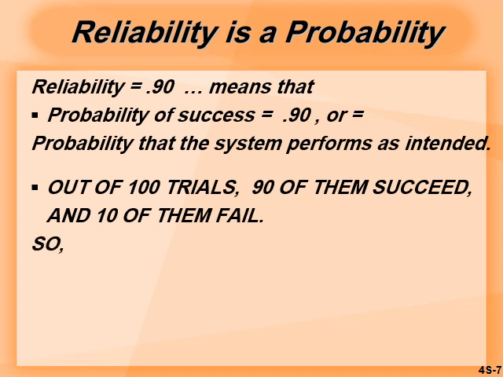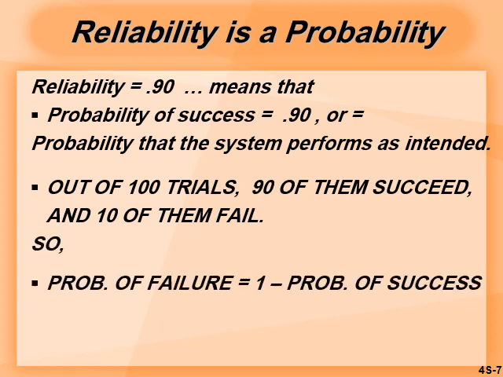By this we can say that the probability of success is 0.9 and the probability of failure is 0.1. This means that the probability of failure equals 1 minus the probability of success.